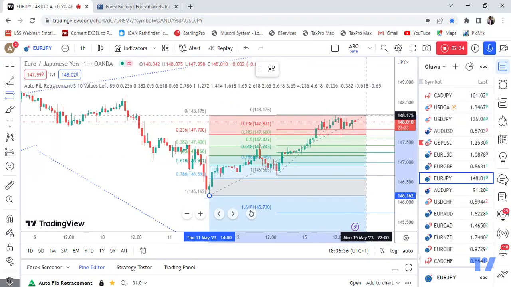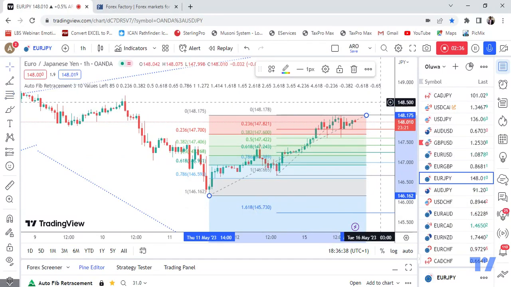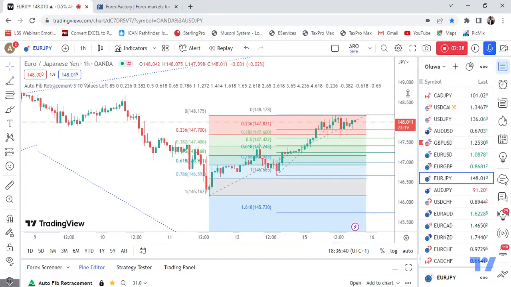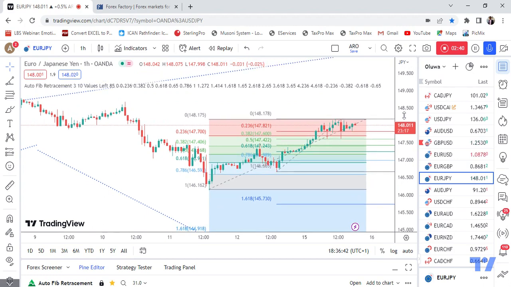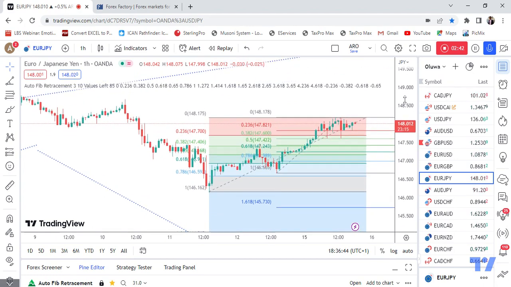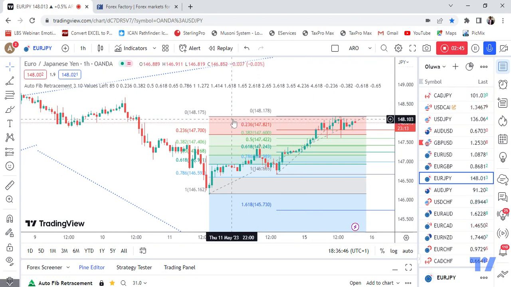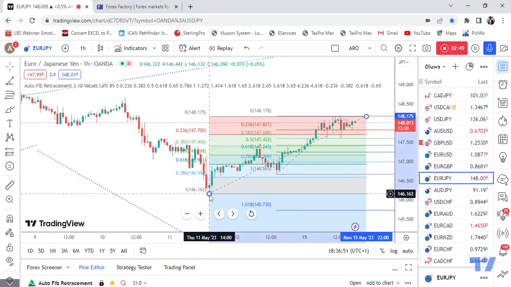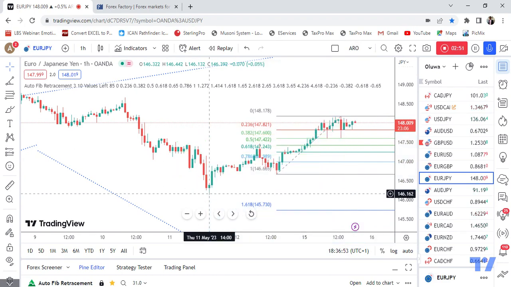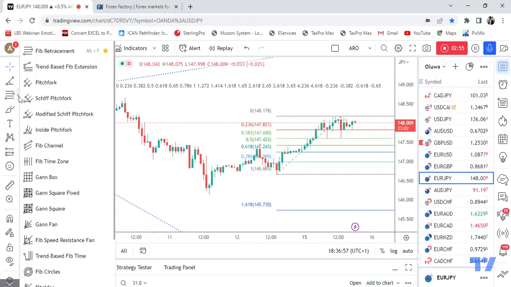So this is an example of a Fibonacci tool, though I have one already on the chart before. I just use this for you to understand what I'm talking about here. I use it to draw Fibonacci either extension or retracement.